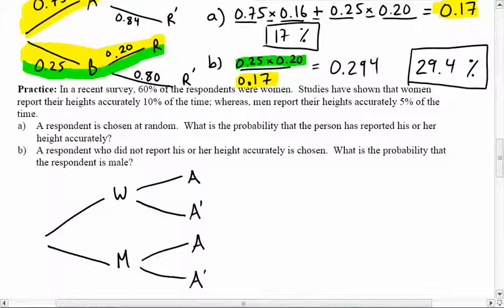So what's the chance that a person has reported their height accurately? And then the second question is just like part B from the previous one. There's a conditional part to it. So just take 3 minutes or so to form the tree and try to solve this question.